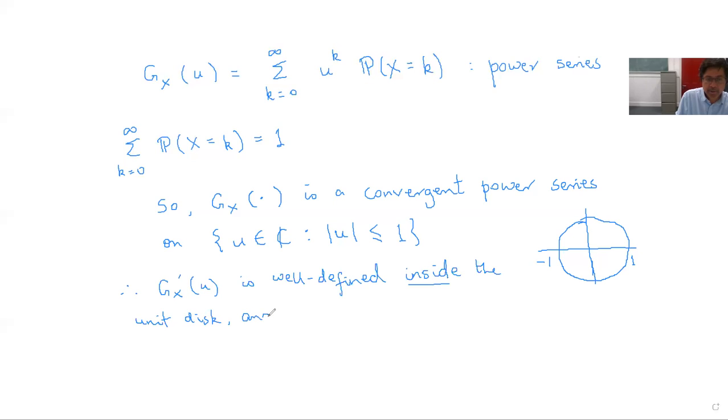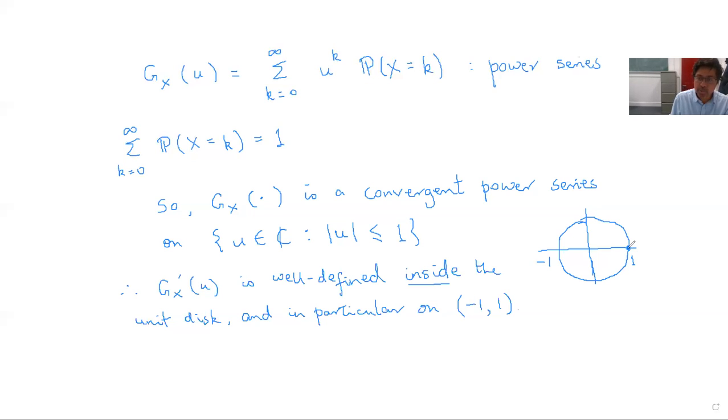And in particular, restricting ourselves again to the real numbers, it's well defined on the open interval -1 to 1. It may or may not be well defined at 1, and you'll see examples in your homework problems where it is well defined at 1 and where it isn't.